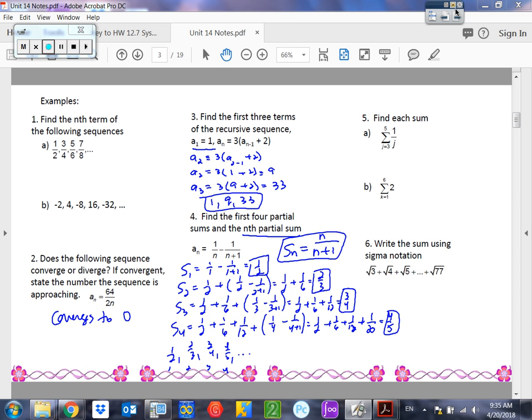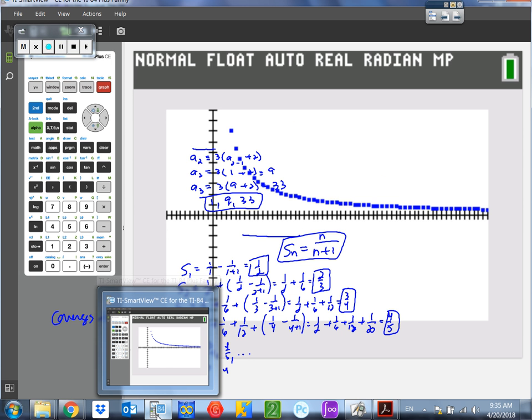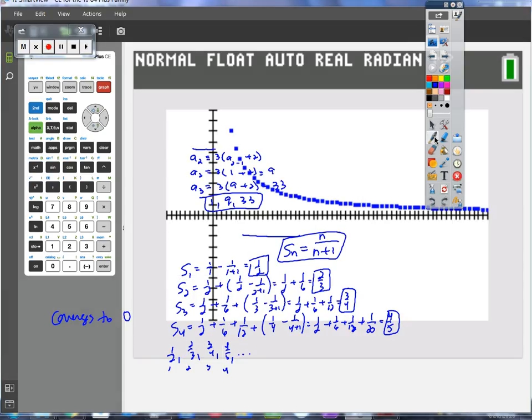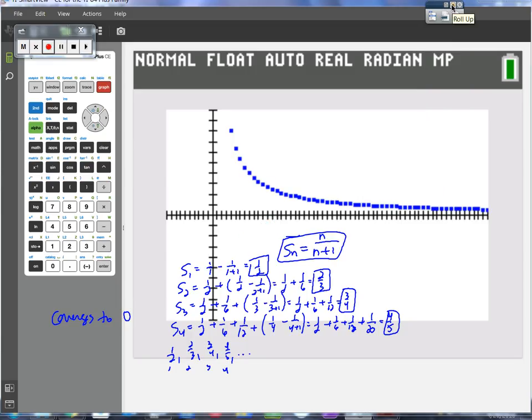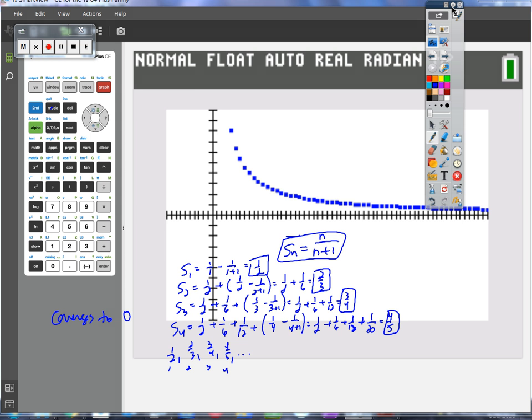Now, we could stay in sequence mode, but I really have found that I like to go back to function mode for working with this stuff rather than staying in sequence mode. I like to use sequence mode for graphing, basically. So let's go back to function mode.